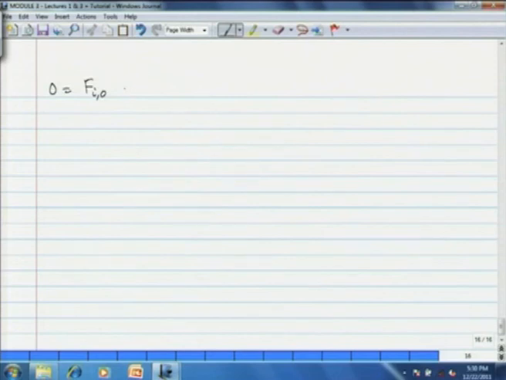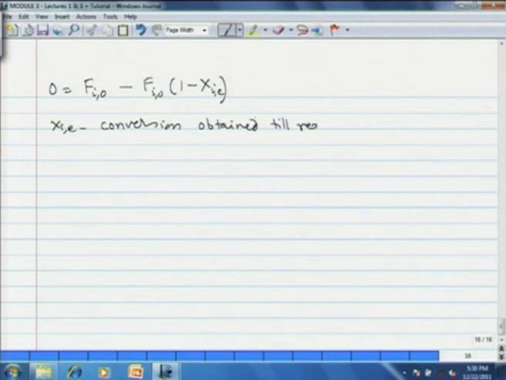Now, the outward flow rate of species i would be the unconverted component of Fi, Fi naught into 1 minus Xif, where Xif is the conversion obtained till exit, plus the fraction that reacts.